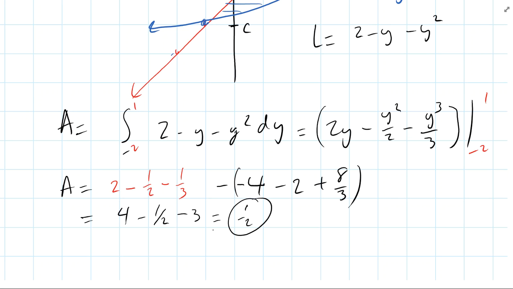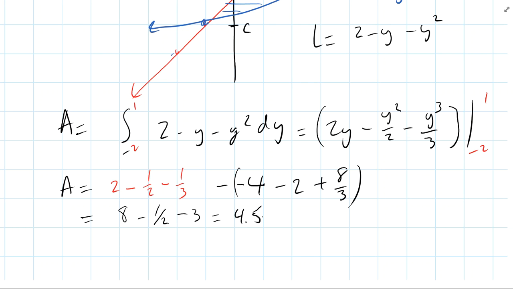I did something wrong. It should be 4.5. Oh, the 2, 8. Yeah, so that's 8. -3 minus 1/2 is 4.5. It's bad math day. I'm not firing on all cylinders today.